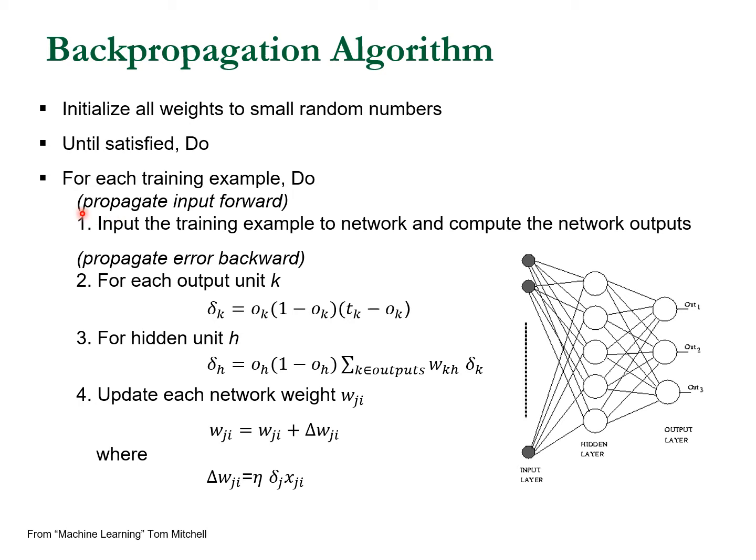The first phase is the forward phase. In the forward phase, the network reads the input, and the input is propagated to the next layer, the hidden layer, and then propagated to the next layer, which is the output layer.